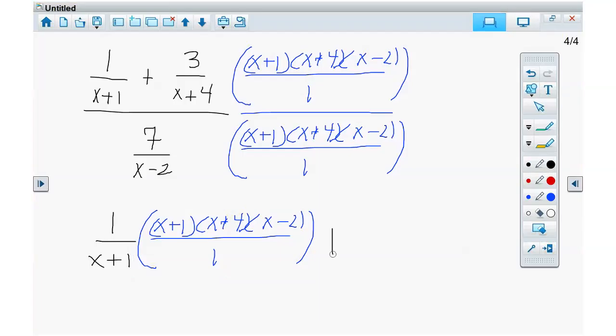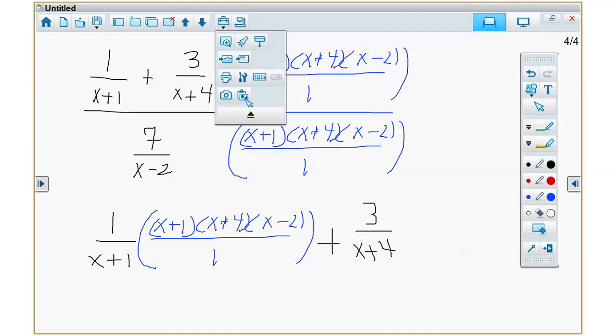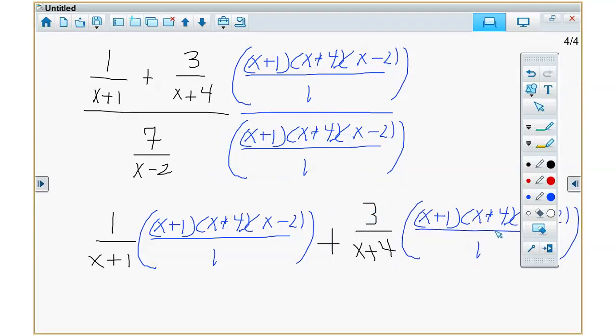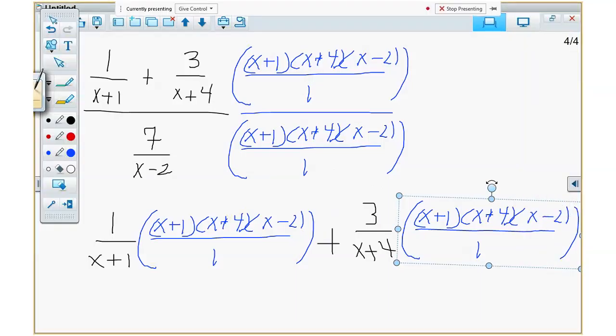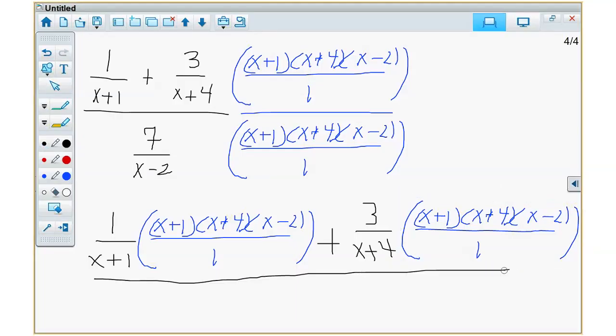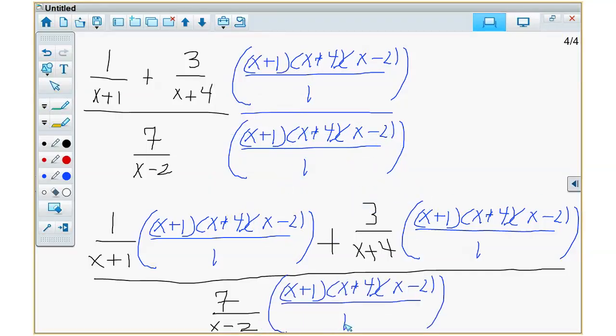Plus 3 over x plus 4, and put that there. All over 7 over x minus 2, there.